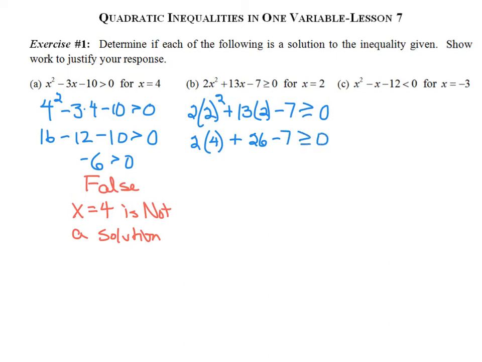Adding everything together, I get 27 is greater than or equal to 0. And I see that yes, that's a true statement. So if that's true, that tells me that x equals 2 is a solution.